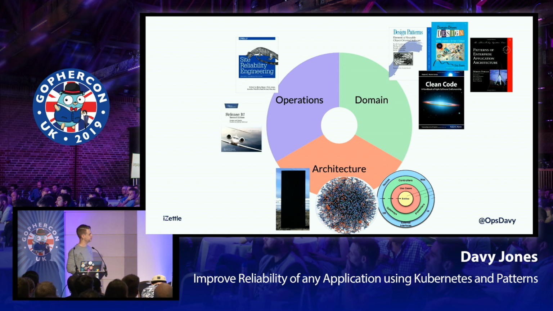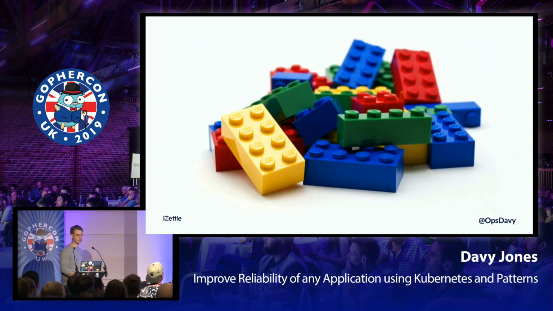And then for operations, you've got the concepts around site reliability engineering, and Michael Nygard's book Release It, which gives you the patterns of being able to run more reliable systems given the unpredictability that we get within a production environment.